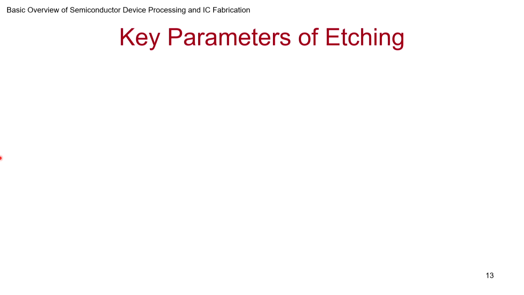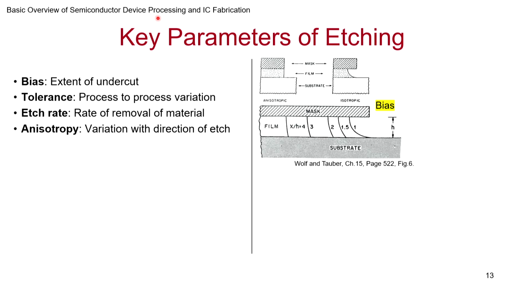So what are the key parameters that we need to watch out for during etching? First, they talk of a bias. What they mean by bias is, following the etch, if supposing there is a pattern and there is a masking layer and you are etching through the gaps in the masking layer, how much of the etching is happening more than what the masking layer is allowing?